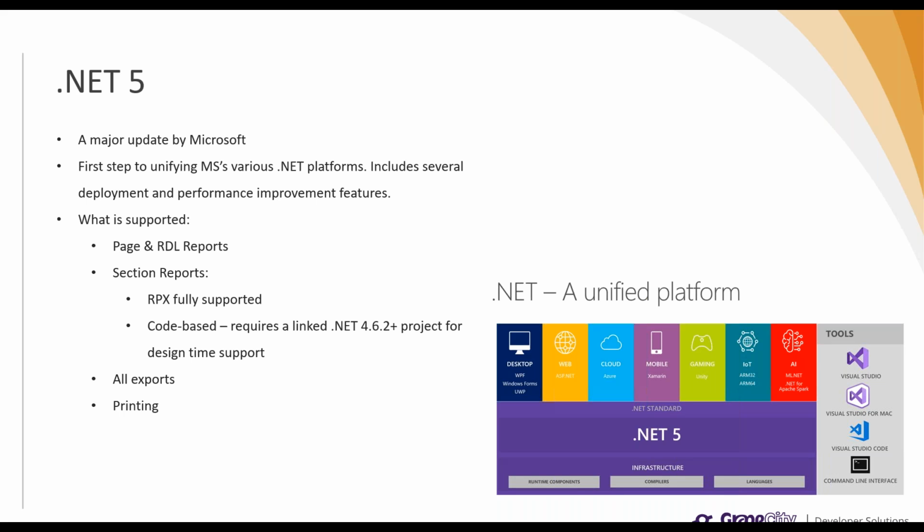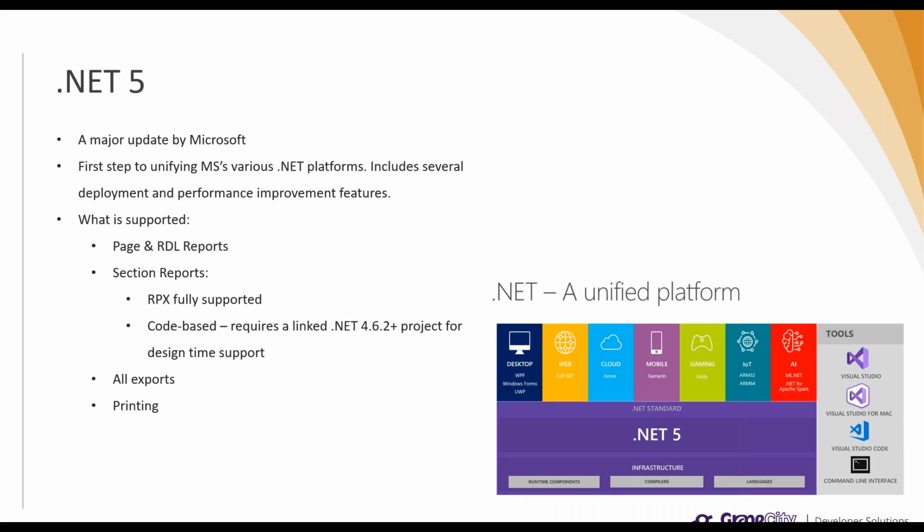Now, as I mentioned, 3.1 was a long-term support release. .NET 5 is not. The next release to come, .NET 6, is a long-term support release, so again, that will offer about 3 years of support from Microsoft. That means .NET 5 is more of a preparatory release, paving the way for .NET 6 to come out in November of next year.